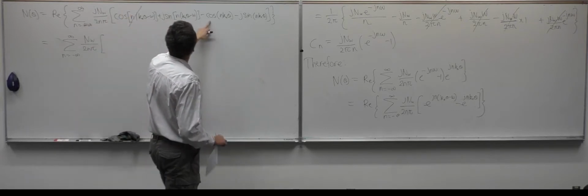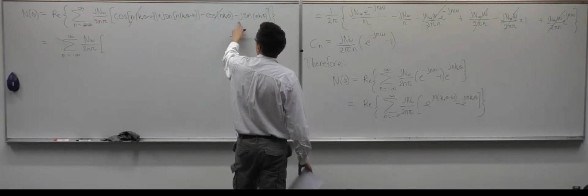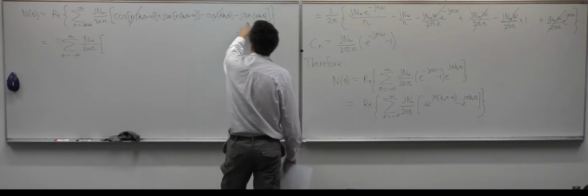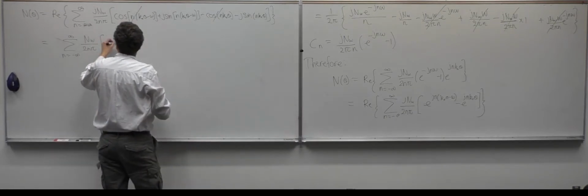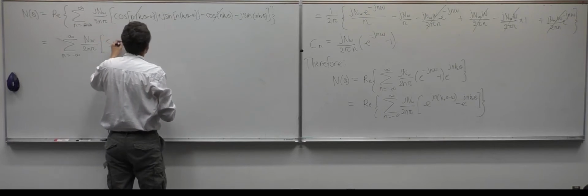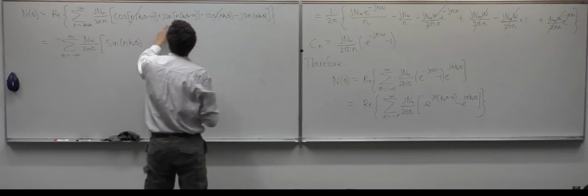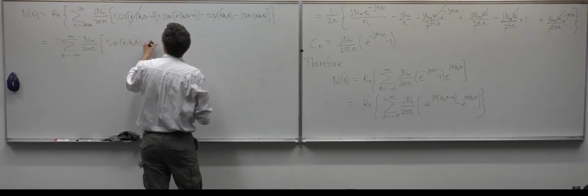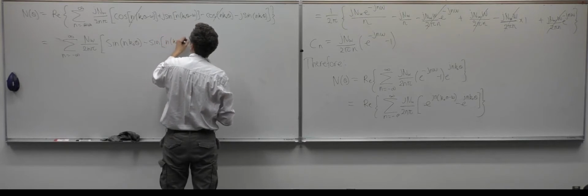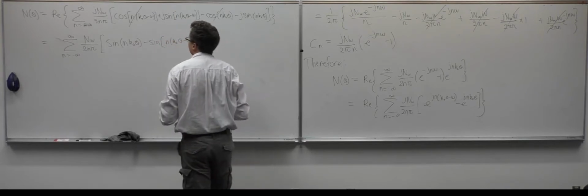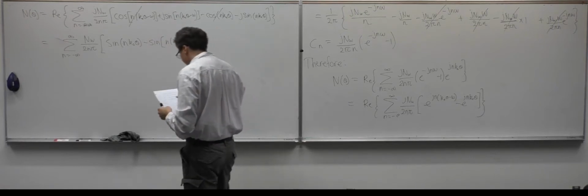J times this one, that's going to be complex as well. J times this one is going to be plus. So let me write plus this one first because of the plus. So it's sine n k naught theta, and then this one is minus sine n k naught theta minus w. Like that. Okay?